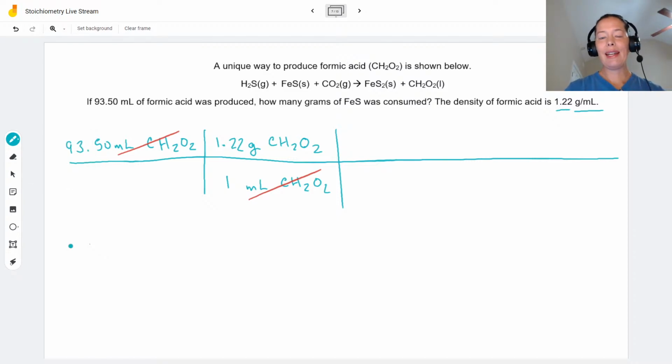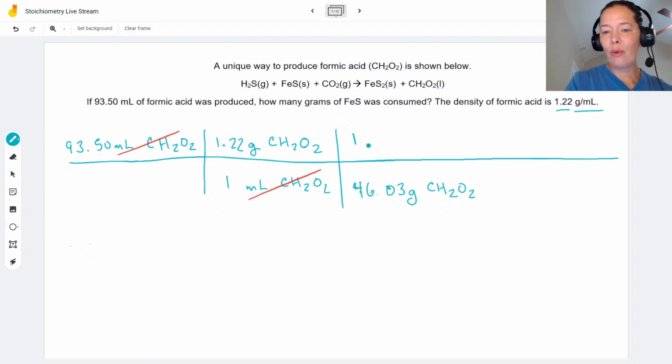Now for my next step. Now that I've got grams of formic acid, I am going to use my molar mass to convert to moles of formic acid. So I have this molar mass, and here it is. That is 46.003 grams of formic acid and 1 mole of formic acid.